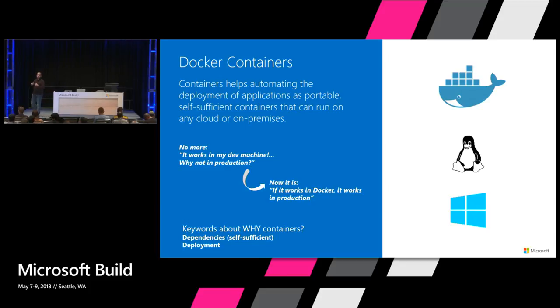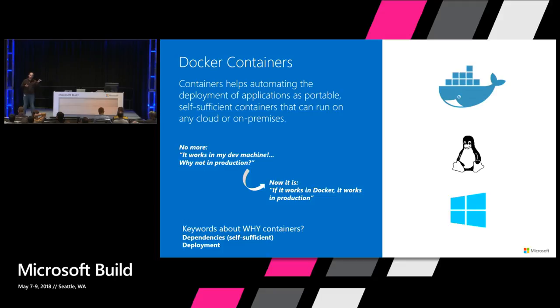With Docker, you solve that, because when you have an image that you deploy as a container, it comes with all the dependencies. So if it runs in Docker, it should run in production, at least anything related to the dependencies, okay? So the keywords are dependencies, it's self-sufficient, you have everything in that image, and then you get a lot of benefits in regards to deployments.